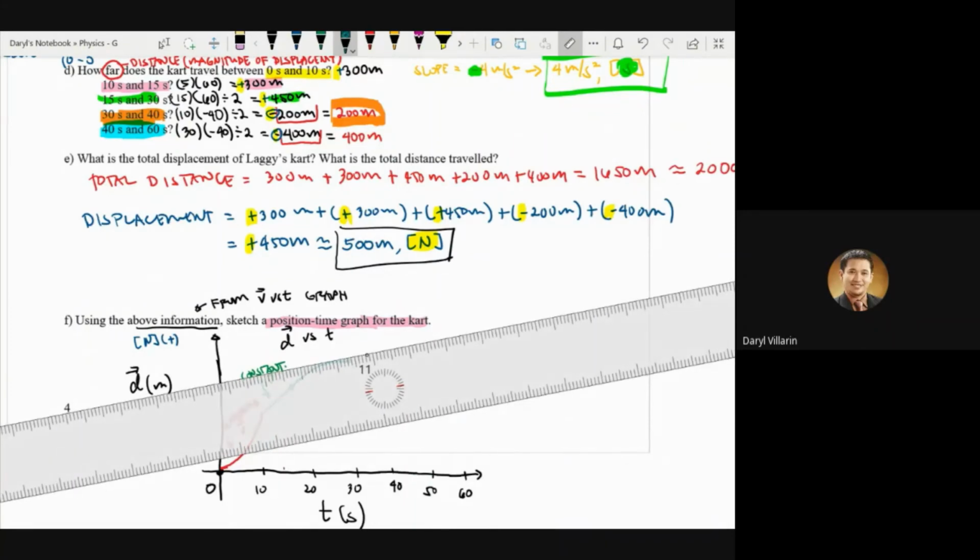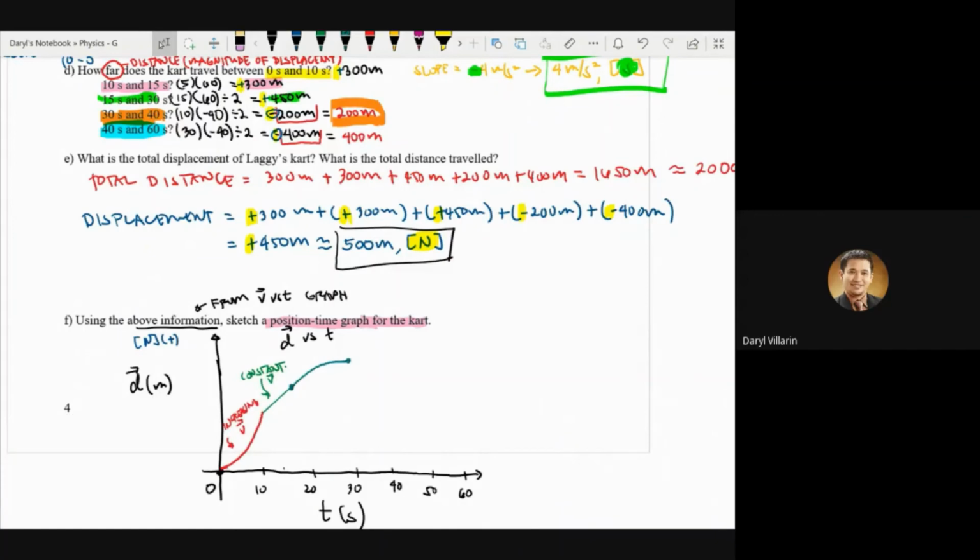So that means the magnitude decreases, okay? But still, it's moving in the positive direction because the displacement there is still positive. But the form of the graph is no longer straight because I have a changing magnitude. So for a changing magnitude of the velocity, if I graph that in my position versus time graph, I should expect not a straight line, but something like this.